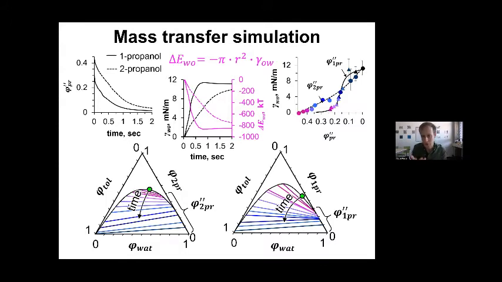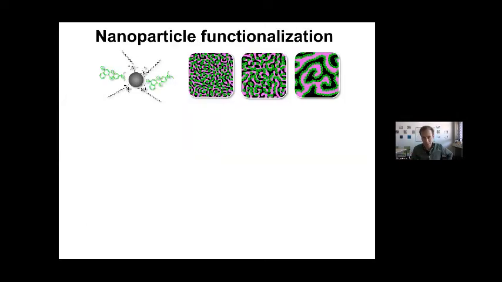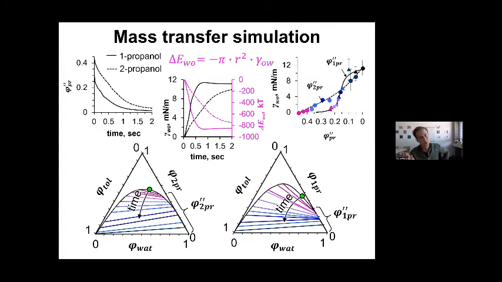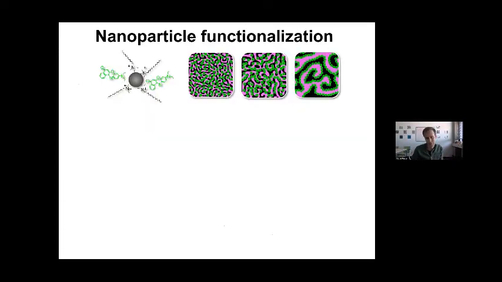So this was for us one of the first explanations why 1-propanol makes such a well-defined bijel, while 2-propanol does not. But I have to tell you that this is not the whole story. So this was just one part of the story. So our indication was the interfacial tension and attachment energy of the 1-propanol bijel is more rapid, and therefore the stabilization will take place at an earlier stage of the phase separation.